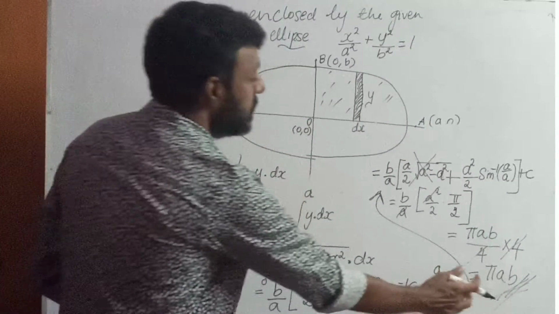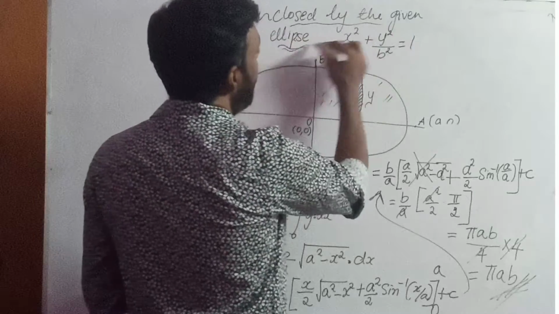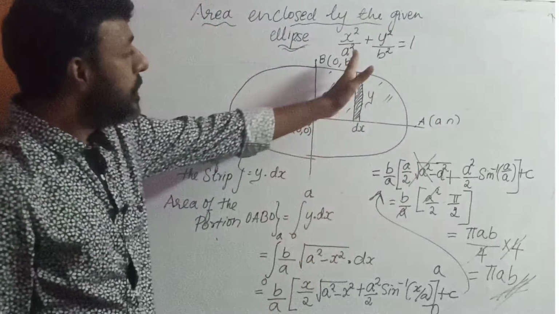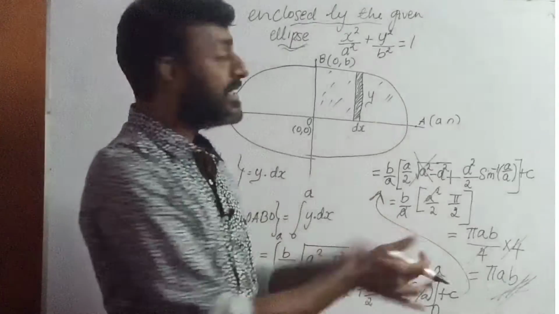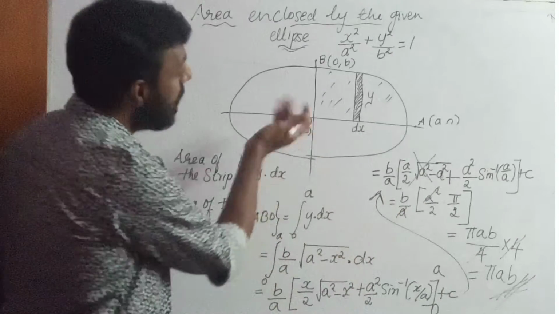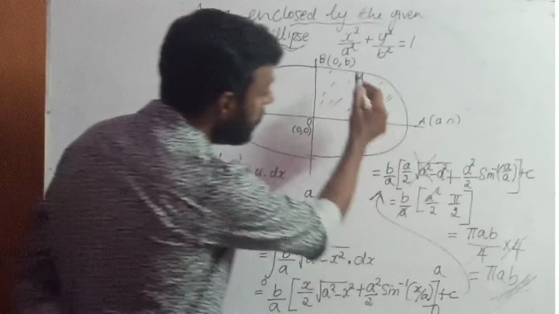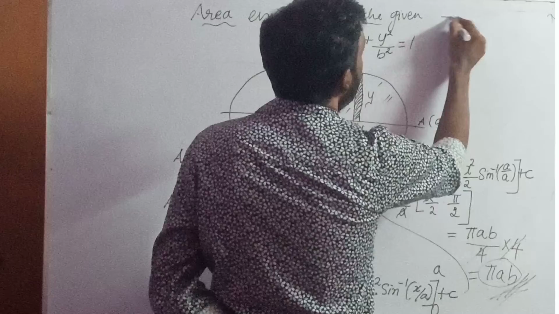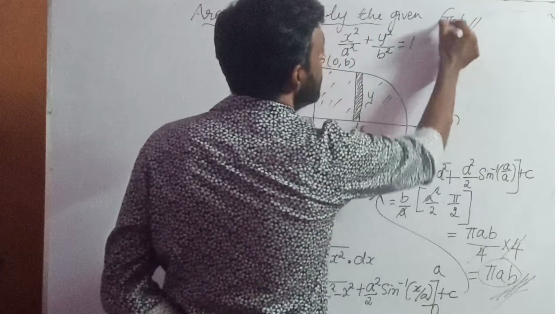So with this equation, I have found the area enclosed by the ellipse using the vertical strip. Now I am going to do the same operation by having the strip in the horizontal direction. If I do the vertical strip, I got pi AB as my final answer.